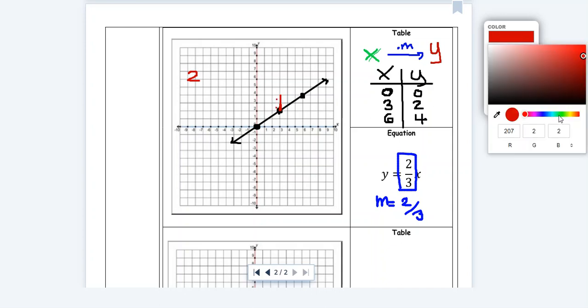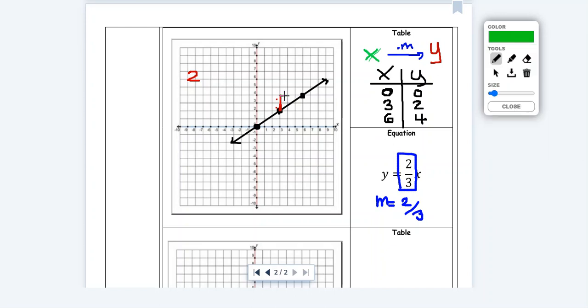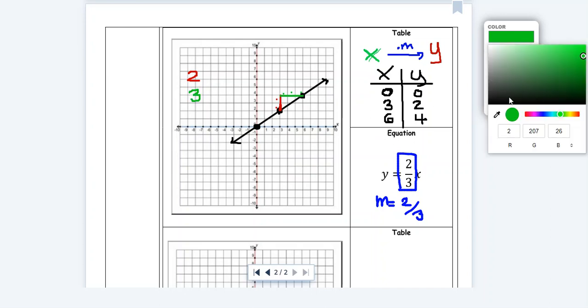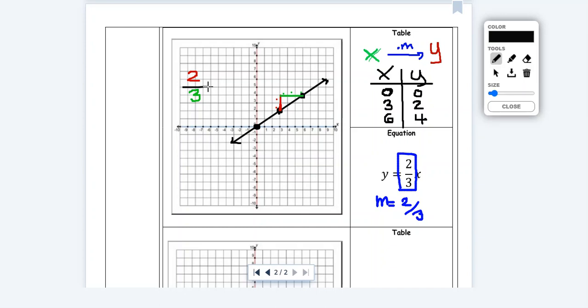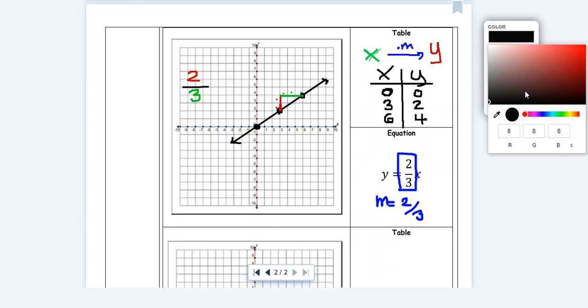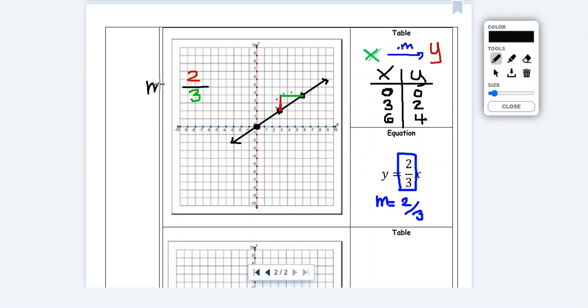That side of my triangle is equal to 2. And then I run 3. This side of the triangle has a length of 3. Okay. So rise over run gives me 2/3, which is the same as my slope, right? So my slope is equal to 2/3. Yay!